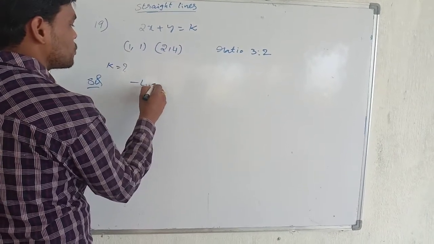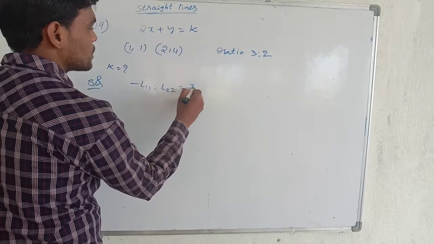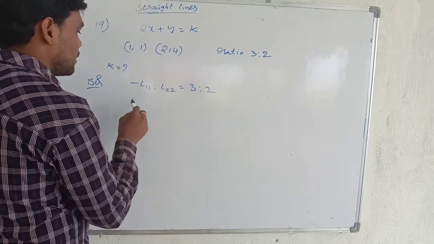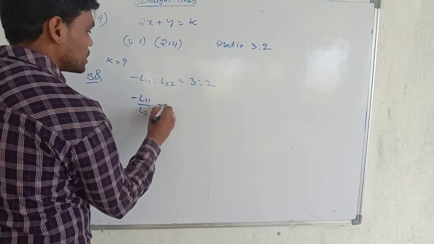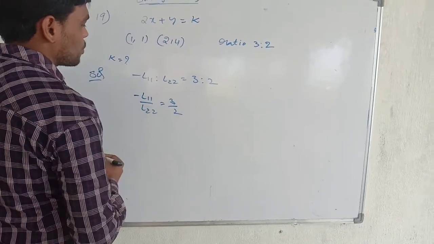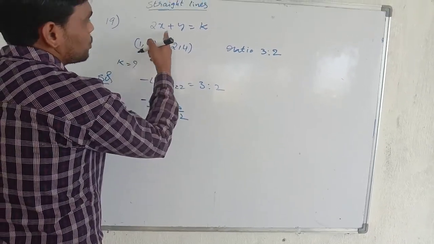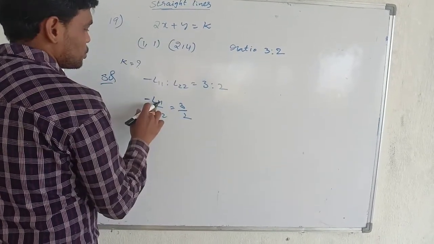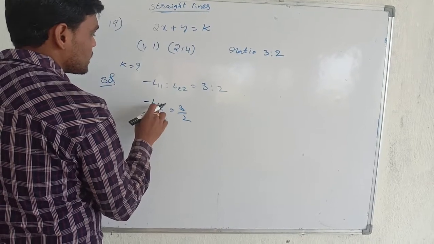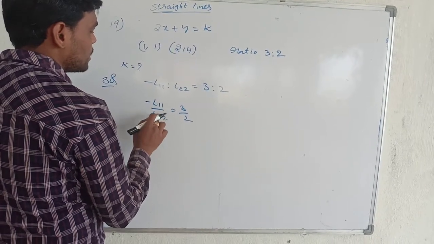Now the very important bit: minus L11 is to L22 is equal to 3:2. Now minus L11 by L22 is equal to 3/2. Substituting the first point in this line, and the second point in this line, this is L11 and this is L22.